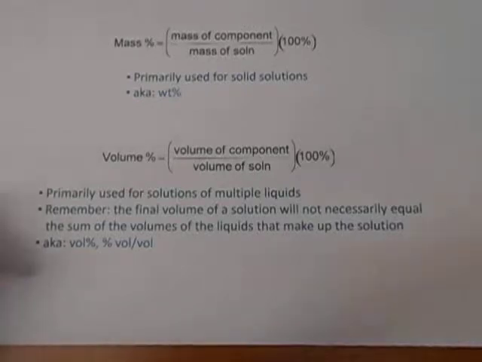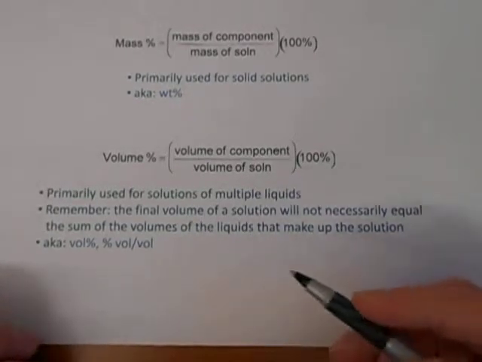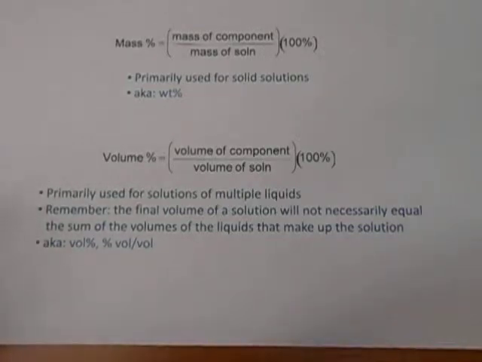Okay. One important thing to note here is that surprisingly, if you mix two substances, say ethanol and water together, 50 mils of each, you do not actually get exactly 100 mils of solution. And the reason for that is because when the ethanol and water molecules interact with each other on a molecular level, they pack together tighter, and so 50 mils of ethanol plus 50 mils of water actually equals a little bit less than 100 mils.